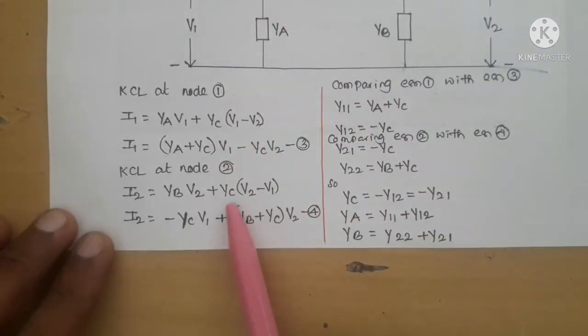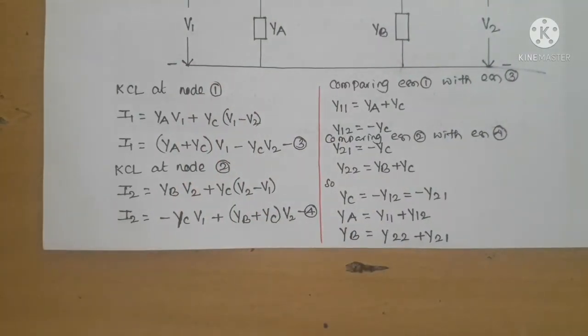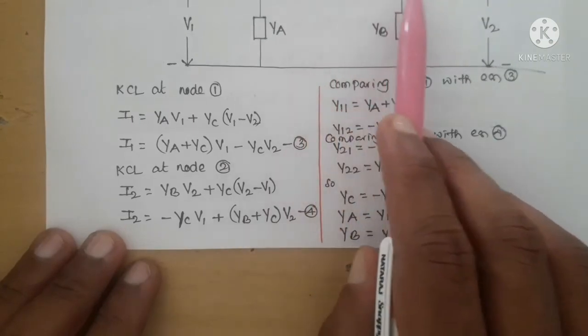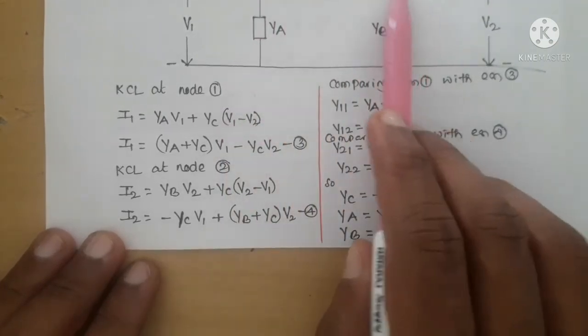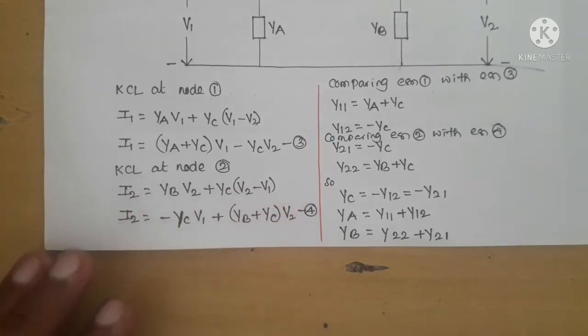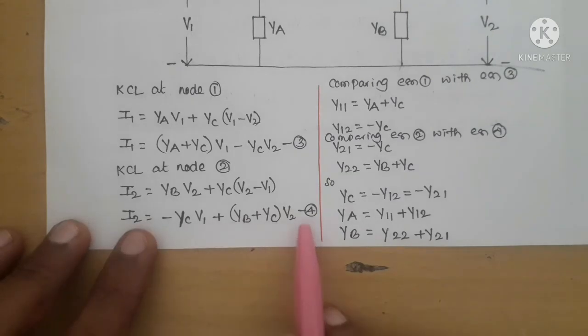The voltage across this branch is V2 minus V1 with respect to this node, and the admittance is YC, so the current in this branch is YC (V2 minus V1). So I2 equals YB V2 plus YC (V2 minus V1). Writing all V1 terms at one place and V2 terms at one place, I2 equals minus YC V1 plus (YB plus YC) V2. This is the fourth equation.